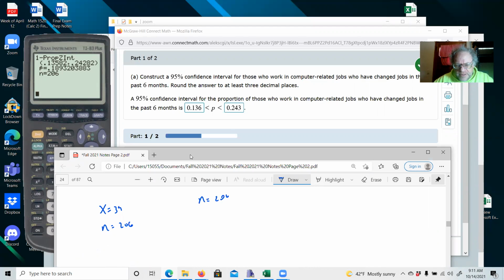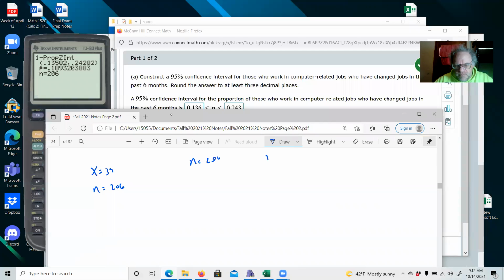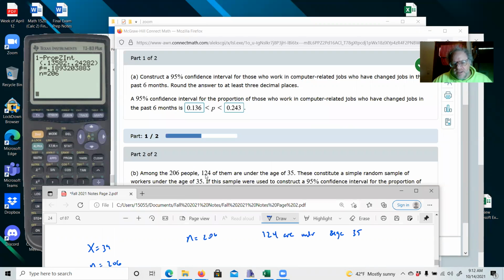Okay, and then they said of them, 124 are under age 35. All right. So we're going to say that constitutes a random sample of workers under 35. So we're going to say these 124 is a random sample.